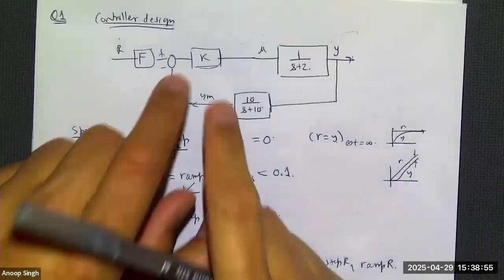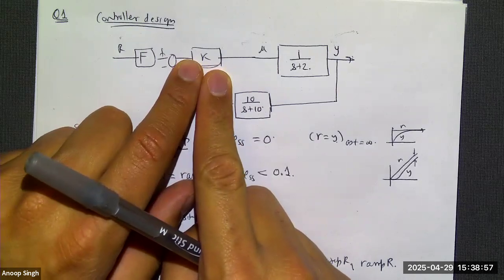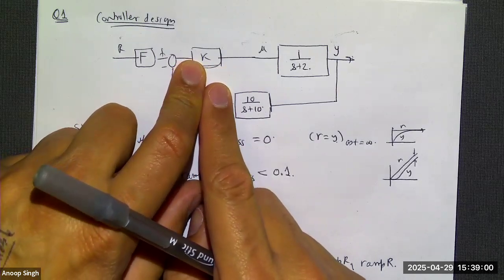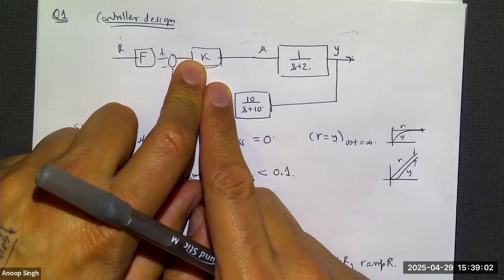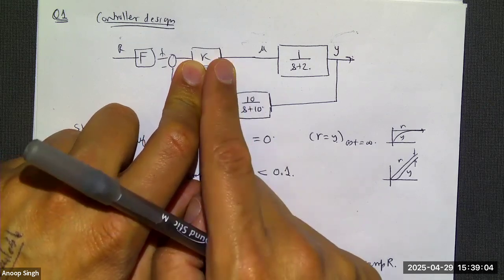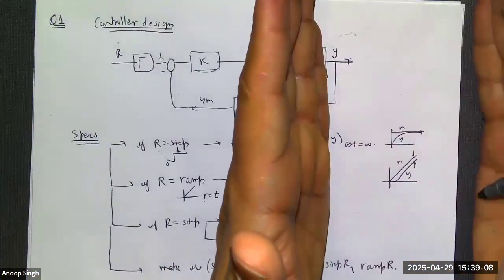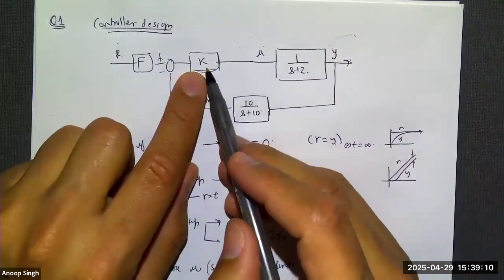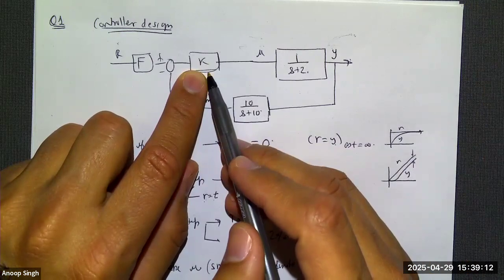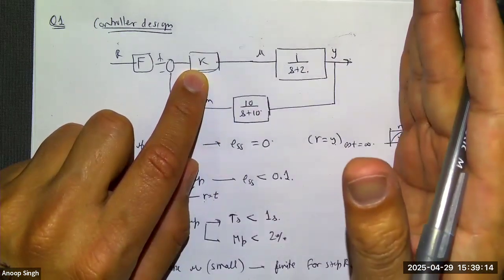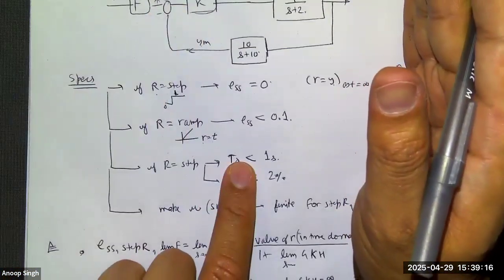But you know, if you put 1 over s square in the controller, then your root locus would look trickier. Having a 0 in the root locus pulls it to the left. Having a pole in the root locus pushes towards the right. So if you put a 1 over s in the controller, it's going to push the root locus to the right, making your settling time harder.